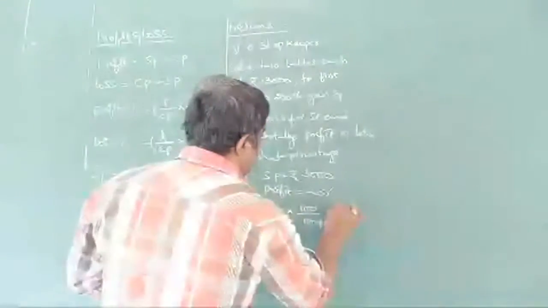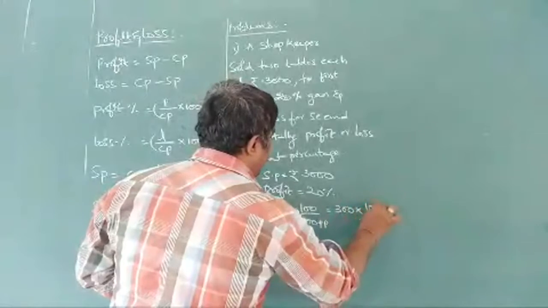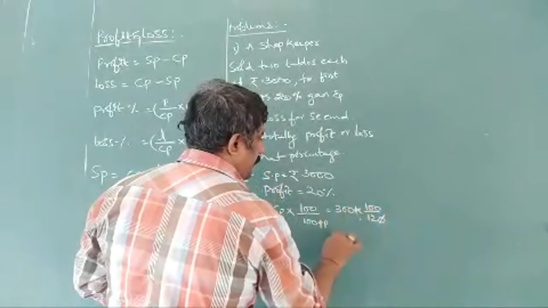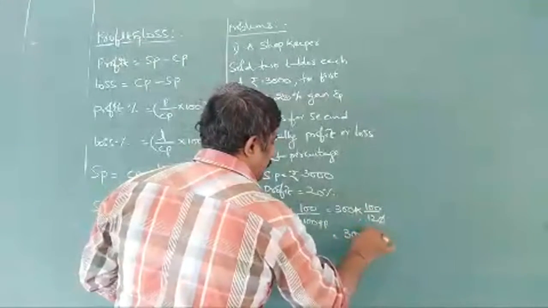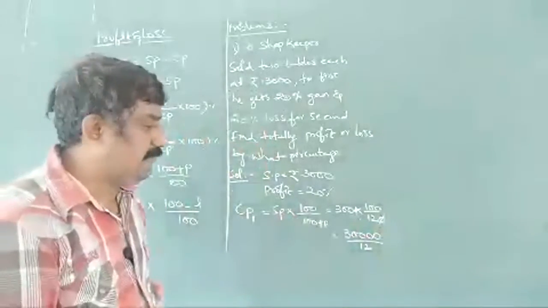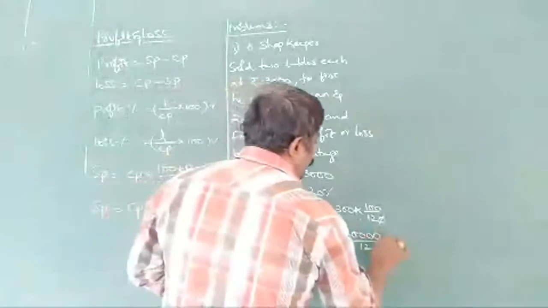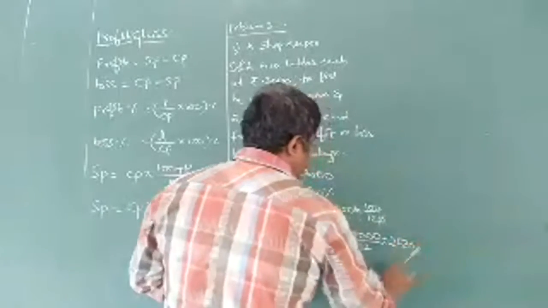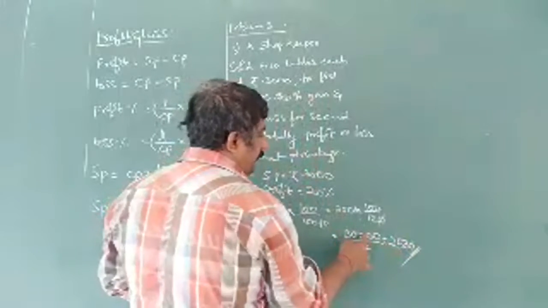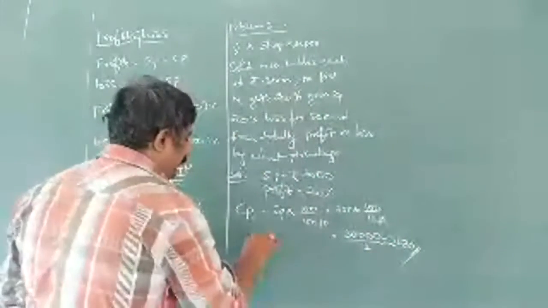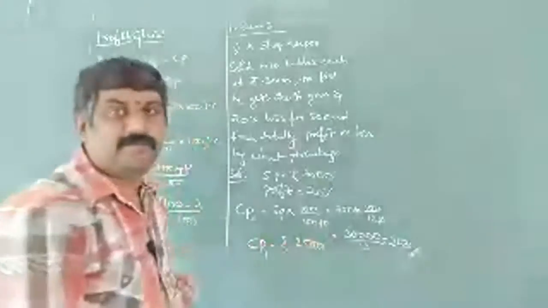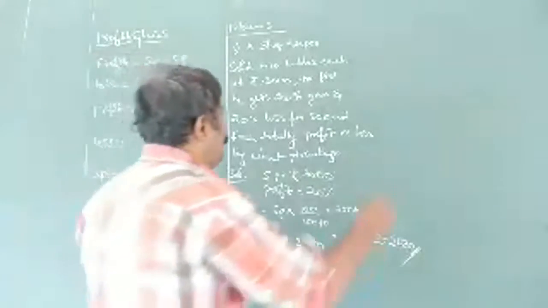What is SP here? 3000 into 100 by 120. 0, 0 getting cancelled. 30,000 by 12. How many times will it go? It will go 2,500. 12 2s are 24, 6 left. 5, so 500. 2,500. So CP1 is equal to rupees 2,500. Let us find CP2 also here.